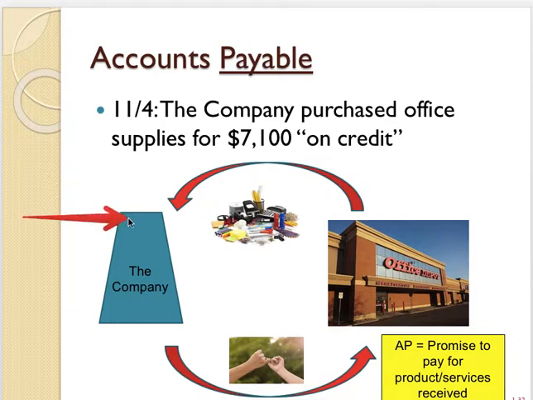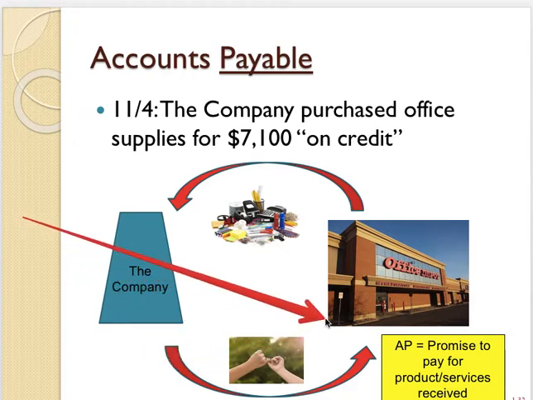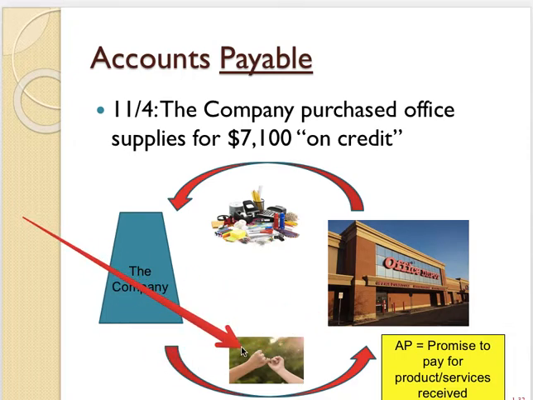So in this case, we've got the company over here and Office Depot over here. And in our transaction analysis, we have to look at both sides of the transaction, what's being given and what's being received. In this case, and we're accounting from the point of view of our company, Office Depot is giving us office supplies, and we, our company, are giving them a promise to pay in the future.